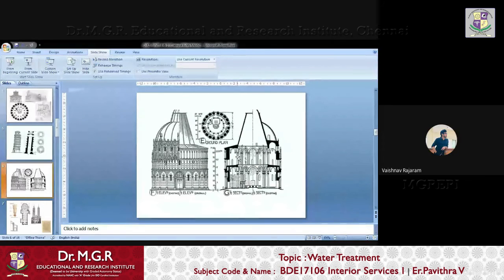Ma'am, in the initial stages, there was no hemispherical crown. In the later stages, they attached some hemispherical crown like thing. Okay.